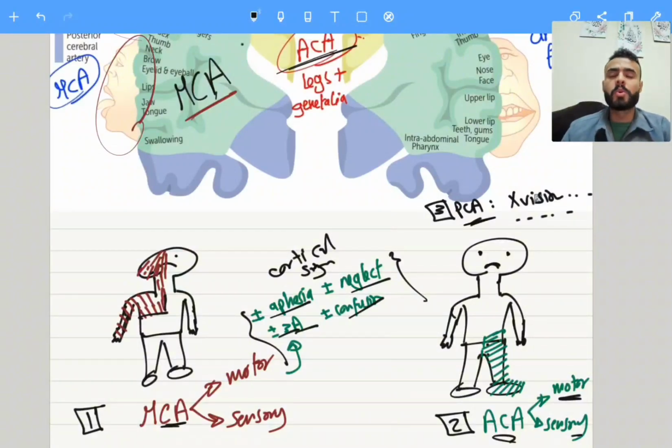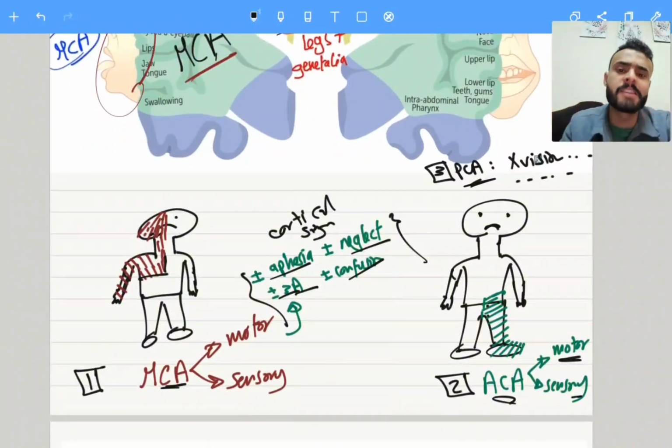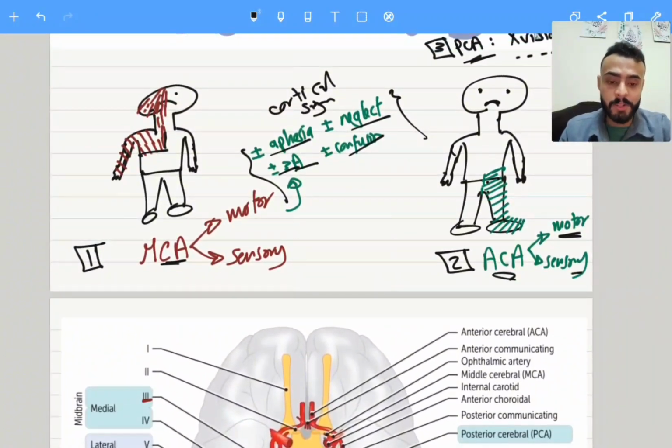Losing that, the patient will have some abnormality with vision, like visual illusions, inability to recognize people by vision, alexia without agraphia, he cannot read but can write. So mainly things related to vision, and it will be the easiest one to diagnose and answer its questions. So those are cerebral strokes.